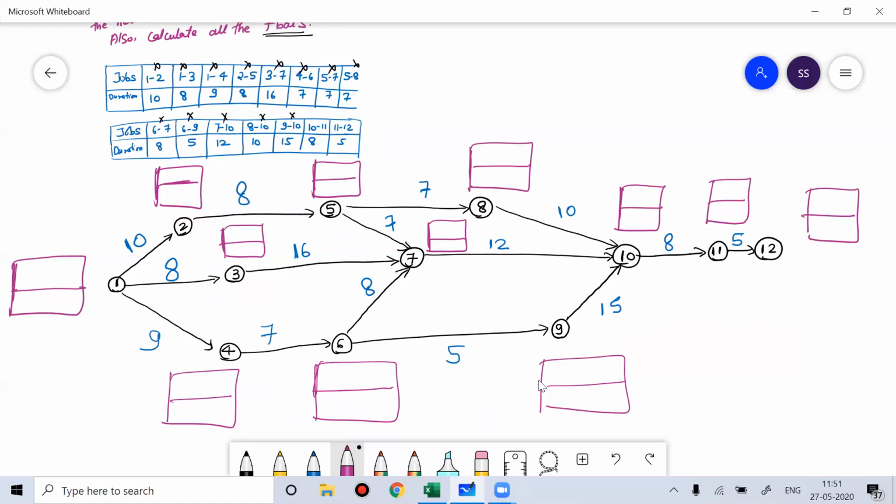I believe everyone has drawn the diagram. I don't think anyone has any doubt with this diagram. Does anyone have a doubt with the diagram?